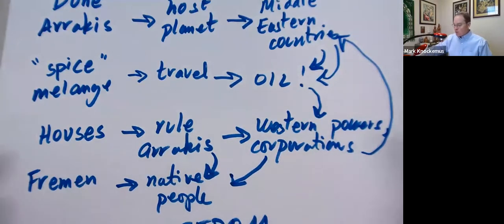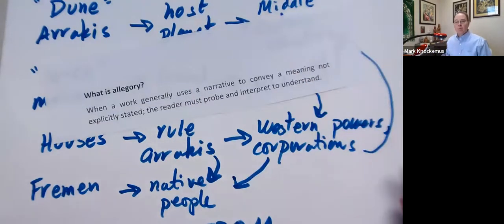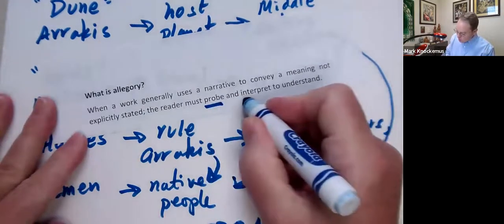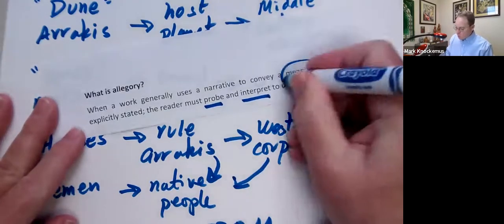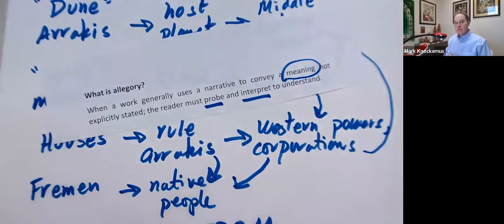And this is what is really cool about allegory, is that when people become aware of it and they start to probe and interpret, then what do we uncover? That meaning which is not explicitly stated. And this is what makes works like Dune so rich and so deep.